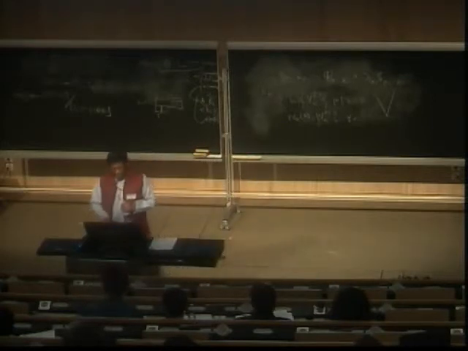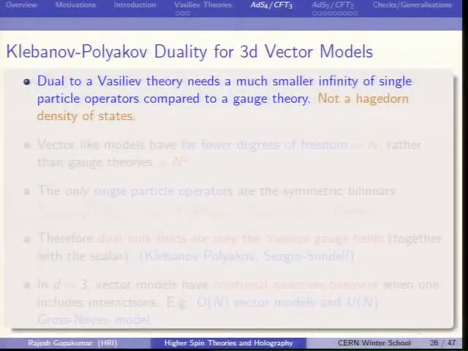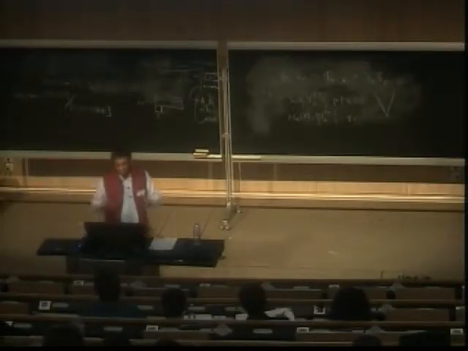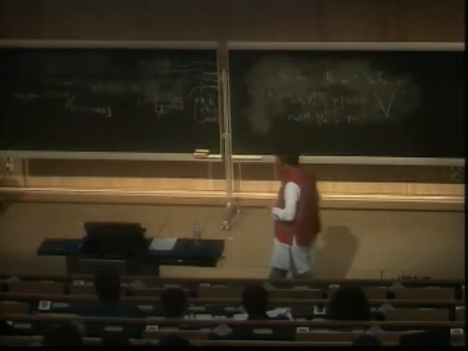Okay, so the original duality for these Vasiliev theories was the so-called Klebanov-Polyakov duality for 3D vector models, for a 3-dimensional CFT. As I mentioned in the beginning, if you want a dual to a Vasiliev theory, it clearly has to have a much smaller infinity of single particle operators compared to a gauge theory.